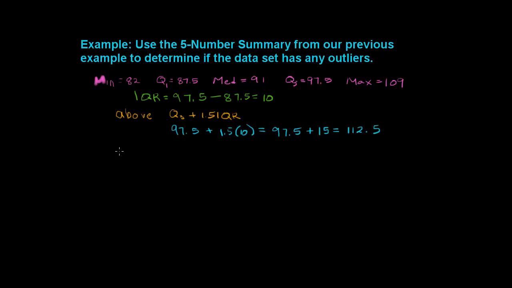And now let's look at the lower limit. Anything below Q1 minus 1.5 times the IQR.